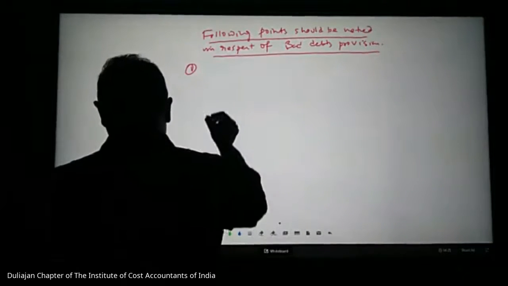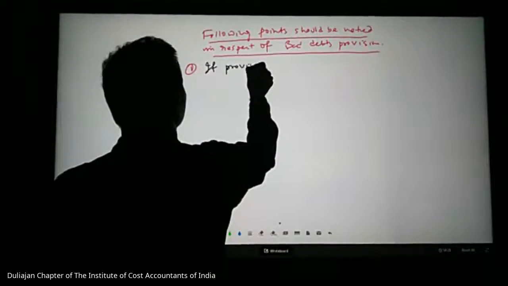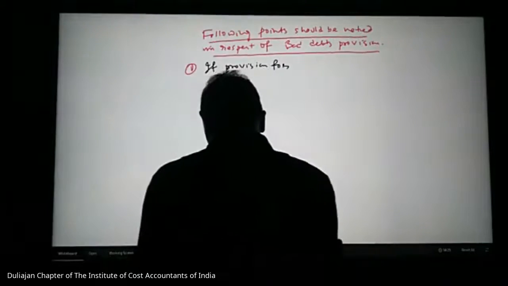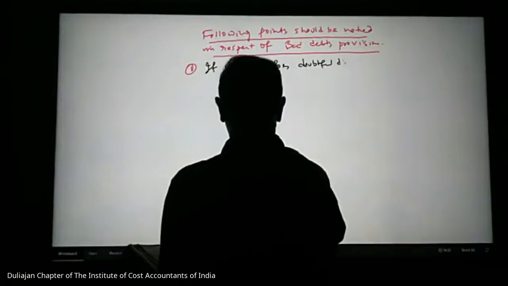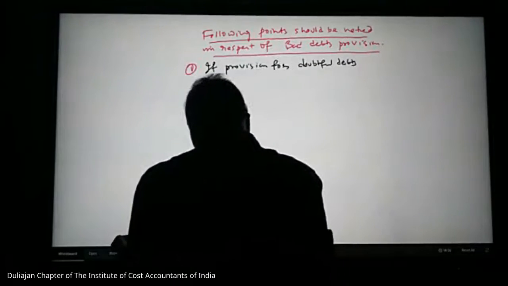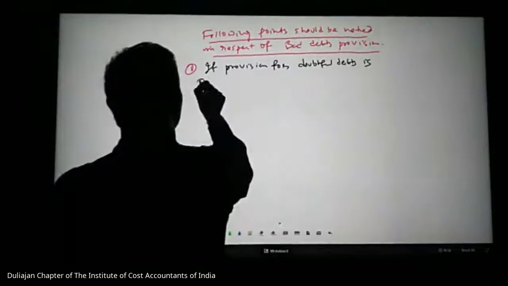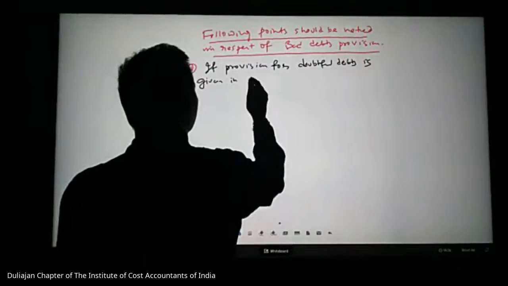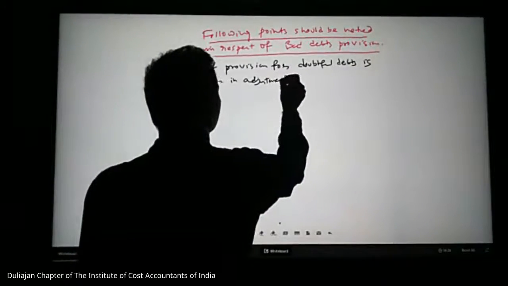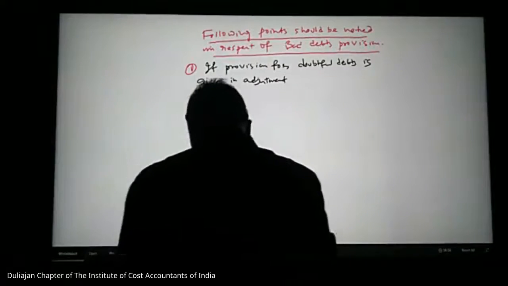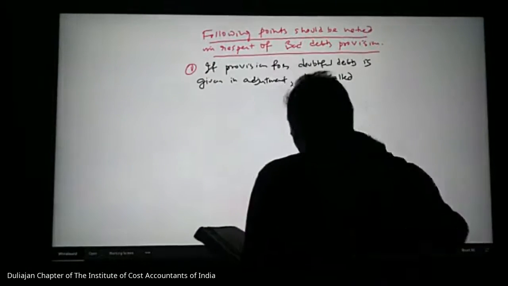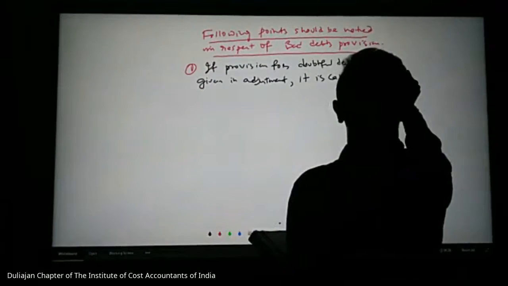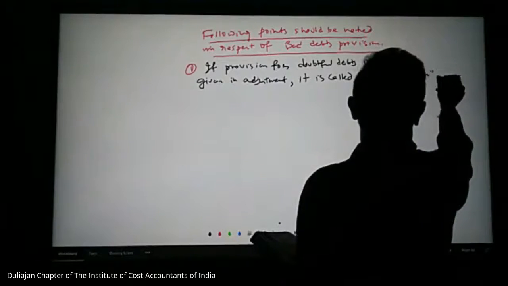Number one, a provision for doubtful debt is given in adjustment. It is called new provision.